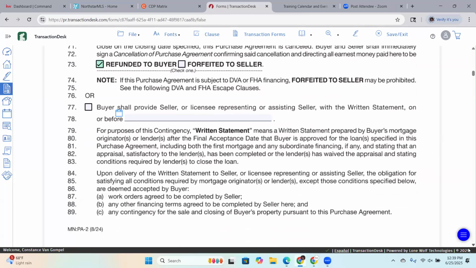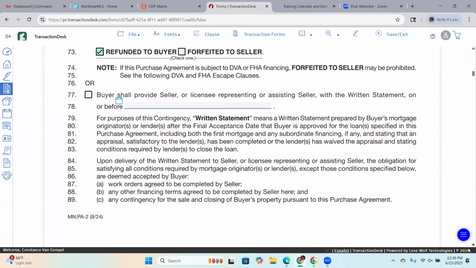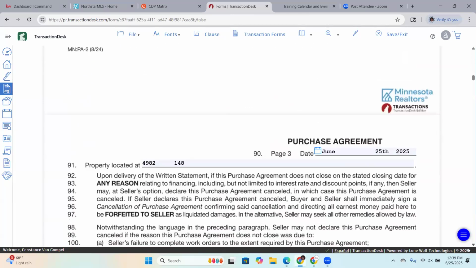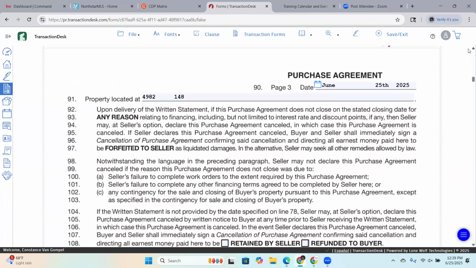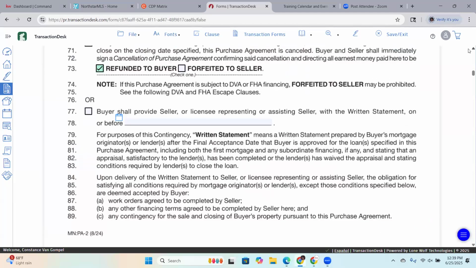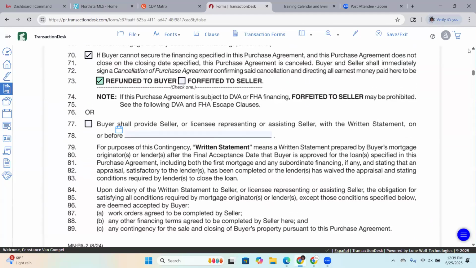The next one, or if you don't do 70 to 75, you can do line 77 on down, all the way down here, which gets a little more lengthy. And it is the written statement from the lender. Now, the lender is always going to send a written statement. So if you want to go best practice with 70 to 75, and the buyer doesn't secure the financing, it's returned to them.